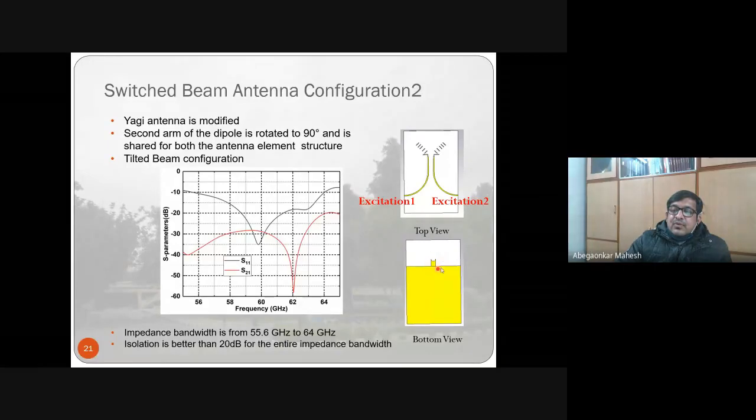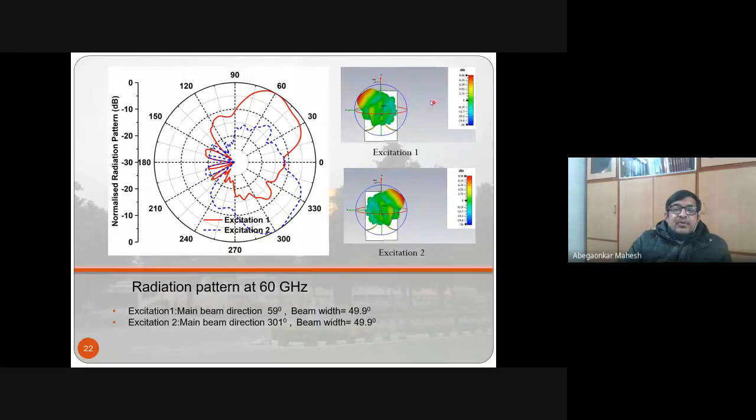So we look at the beam now. In this case, we see the normalized radiation pattern. The red curve is excitation 1, and the dotted blue curve is excitation 2. What we see is this antenna radiates along plus 60 degrees, the other antenna radiates along minus 60 degrees, or 300 degrees.